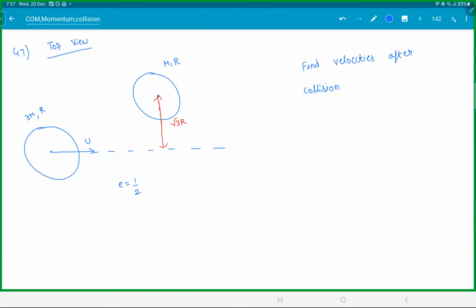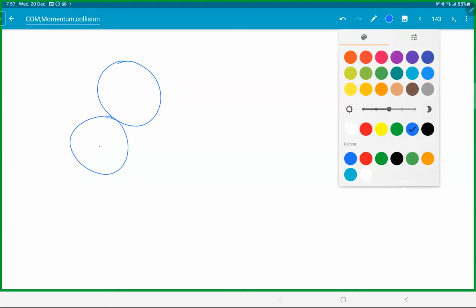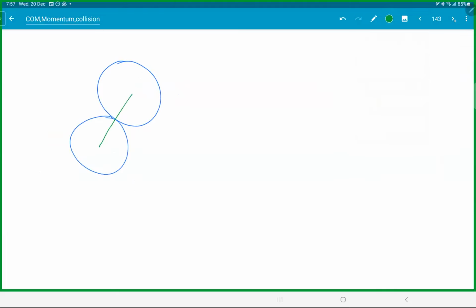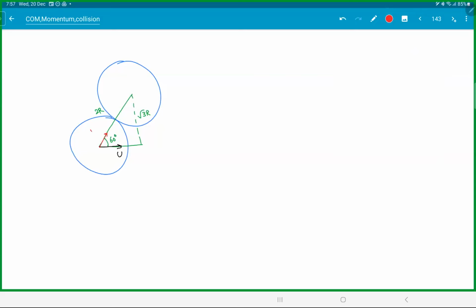First thing, angles. It's always the angles, the geometry. So when they're about to collide, this is 2r. Now this won't touch here. This is root 3r. So this angle is 60 degrees. So this is U. This would be U cos 60 and this would be U sin 60.